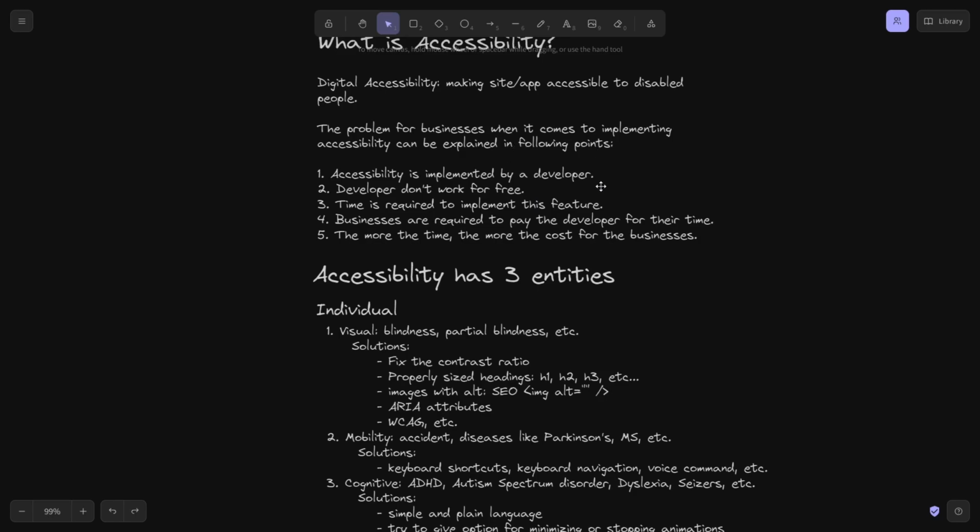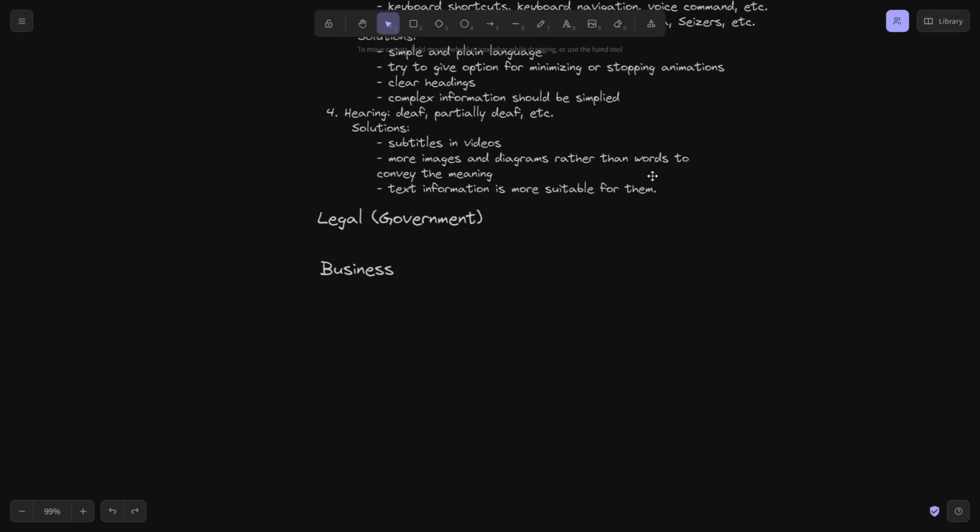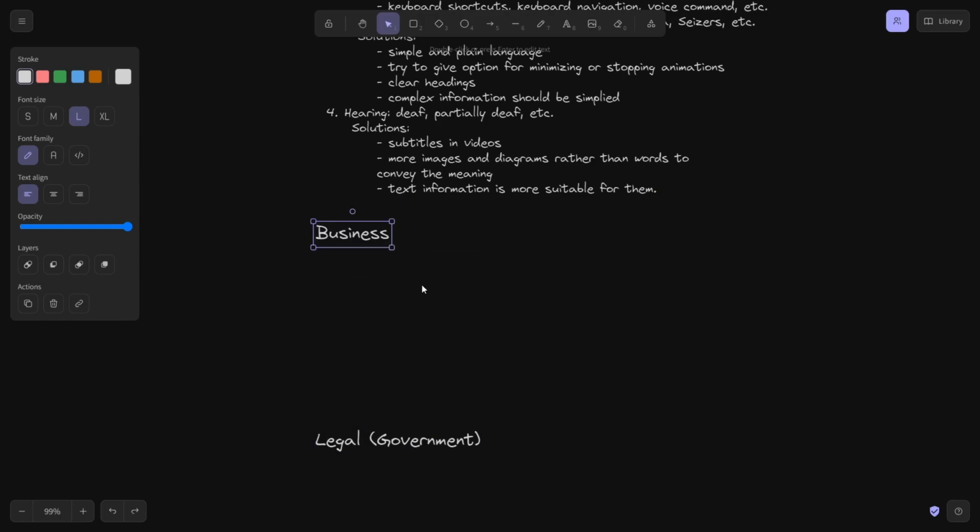So we come to the part: why should businesses even do that, right? Why should businesses work on something like this in the first place? Like I said in the beginning, businesses are not charities. So they will not be doing anything for the sake of humans, right? Unless it provides them some sort of profit or revenue. So is there any reason for businesses to implement accessibility then? Well, yes.